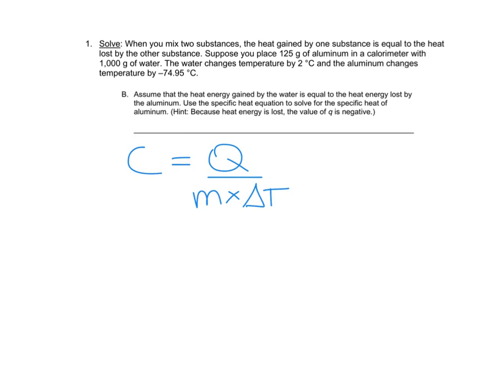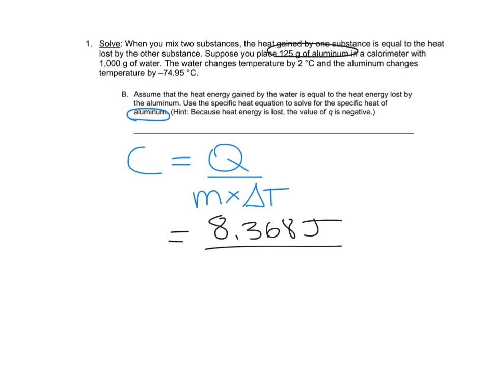When we are using this, we have to make sure that we are plugging in the numbers for the correct substance. In this case, it's all about aluminum. So we're going to be looking for the Q, that's the heat. Remember, the heat of the aluminum lost is the same as the water gained. And we just solved how much heat was gained by the water in A. So we need 8,368 joules from the first part. Then we need to know the mass of the aluminum.